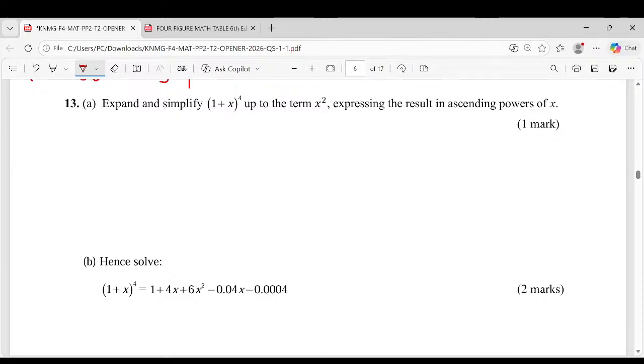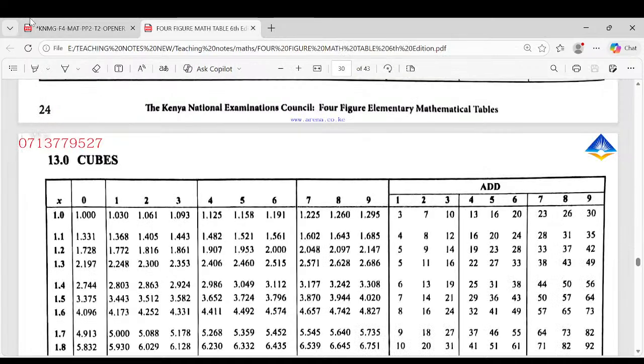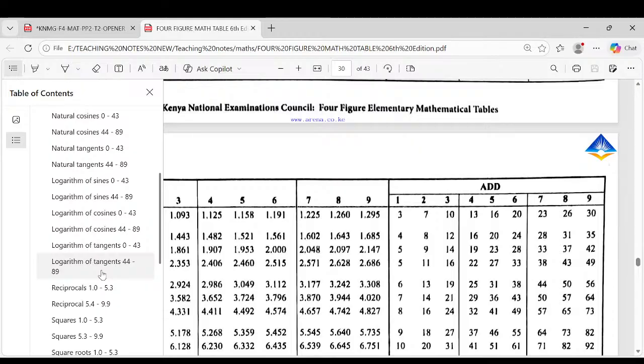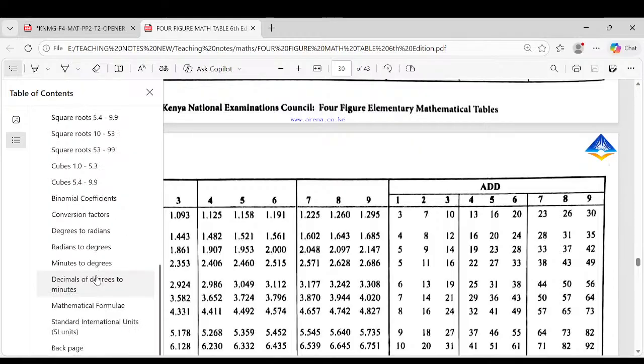So we are told to expand and simplify. This will be 1 power 4 into x power 0, 1 power 3 into x power 1, 1 power 2 into x power 2. Remember, they have just said until x is power 2. So we are working up to that particular point. So let's go to the binomial expansion, Pascal's triangle, binomial coefficients.